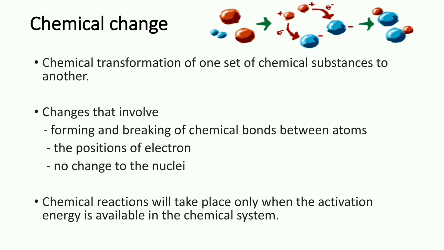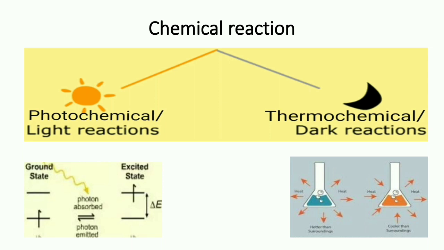Chemical reactions occur only and only when a minimum amount of energy, that is, activation energy, is available to the system. Now, depending on the source of this activation energy, the chemical reactions can be of two types: the thermochemical reactions and the photochemical reactions.